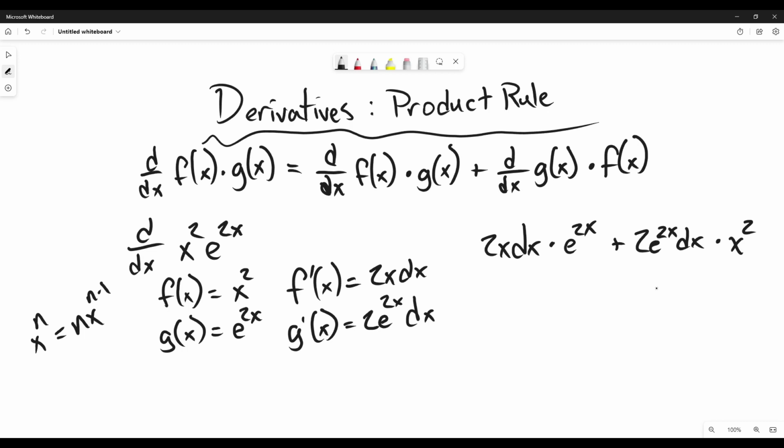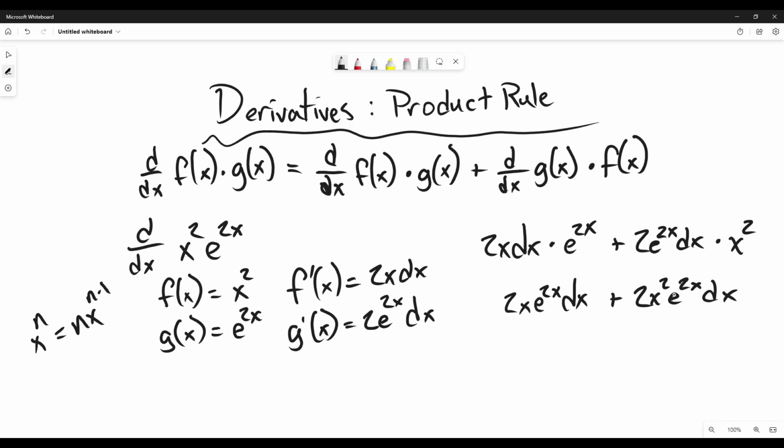Now we're going to get very similar answers, but they're going to be separate for a certain reason. When we multiply these together, we do 2x e to the 2x dx, and that's added to 2x squared e to the 2x dx.